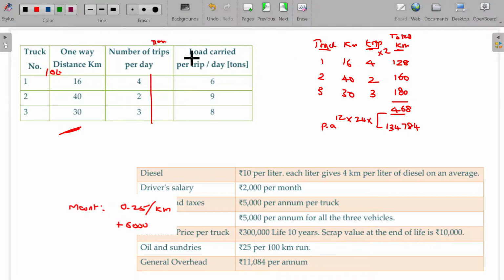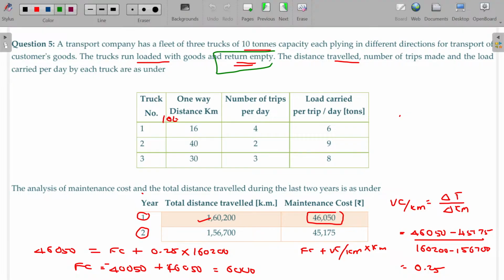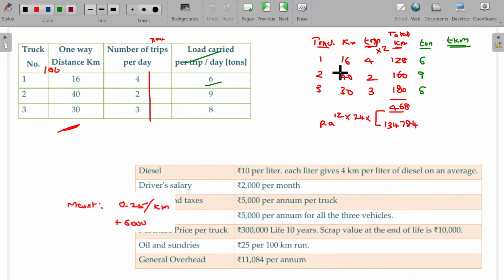Now, load carried, tons carried per trip. Find out the ton kilometers. Be careful here. While going, it's fully loaded. On returning, it's empty. So while calculating the ton kilometers, 16 into 4 into 6 will be taken.